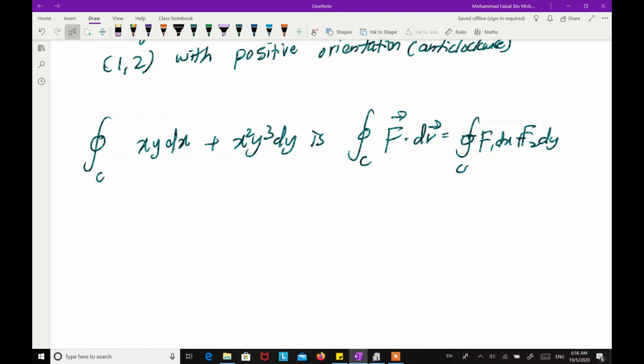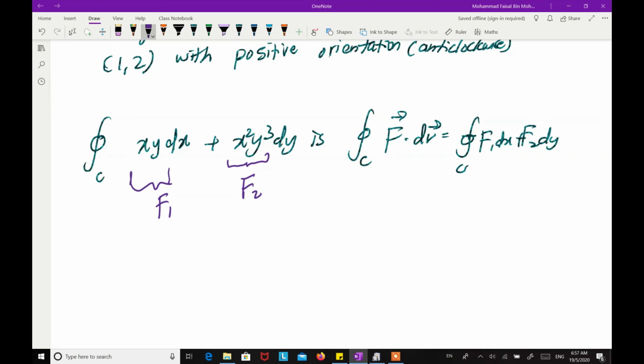So you have to know that this, before the dx, is f1, and this is f2.